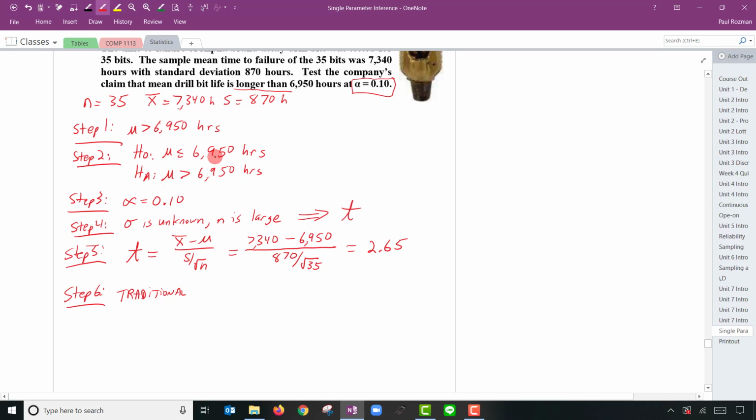The only way we would disagree with this null hypothesis is for values that are much larger than 6950. So this ends up being a right-tailed test. Basically, look at the alternate hypothesis and check which way it's pointing. HA points the way it's pointing, to the right.